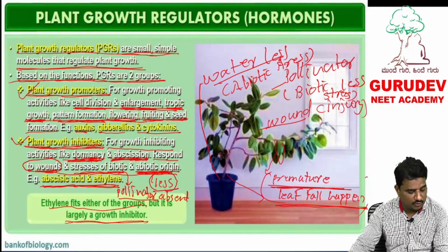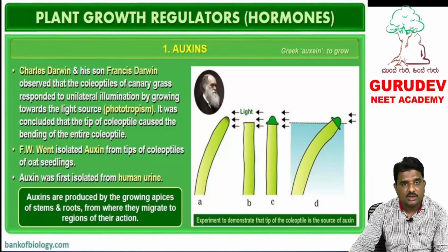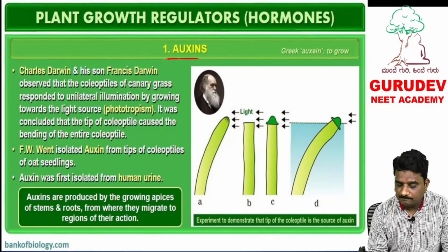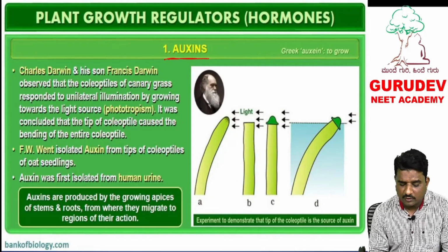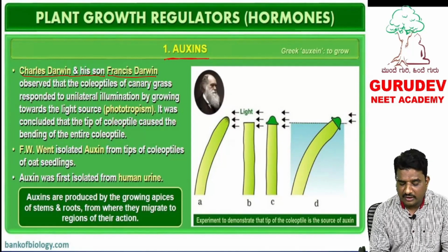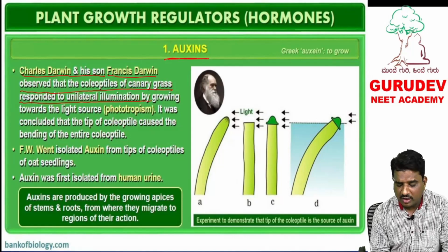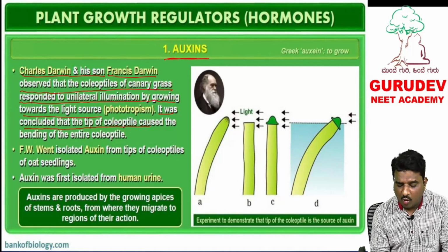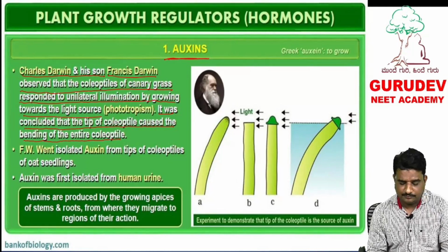The first hormone we are going to study. What is the name of that? The auxins. How was the auxin hormone discovered? It was discovered by scientist Charles Darwin and his son Francis Darwin. They observed that the coleoptile of canary grass responded to unilateral illumination by growing towards the light source, and it was concluded that the tip of the coleoptile caused bending of the entire coleoptile.